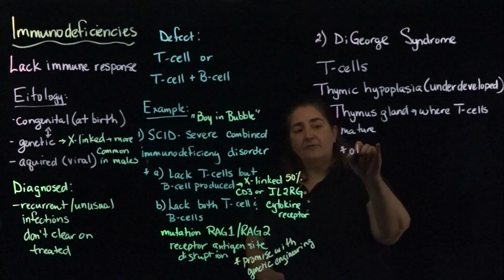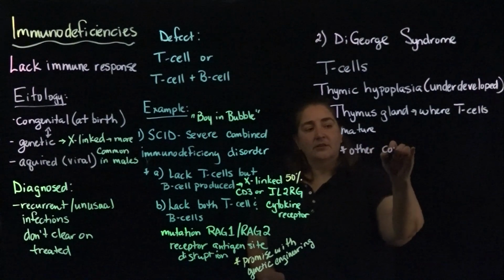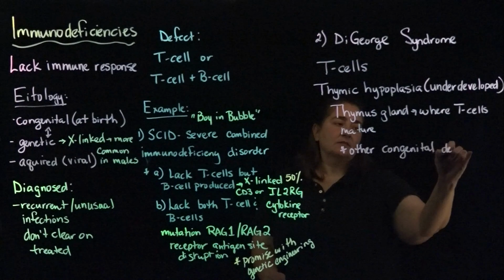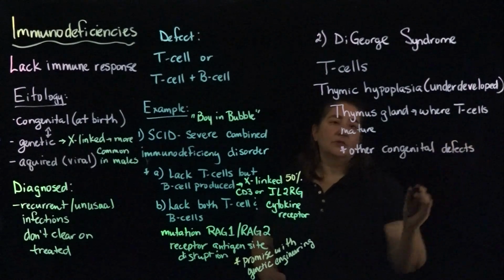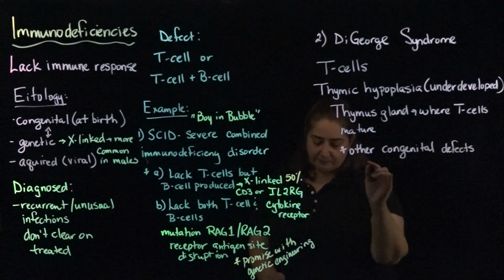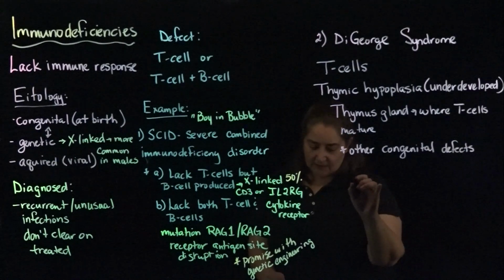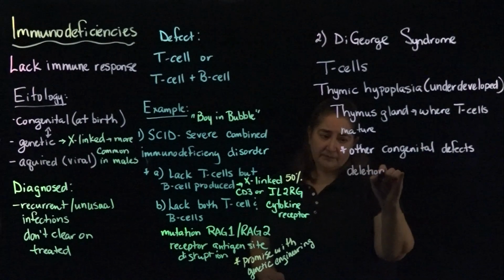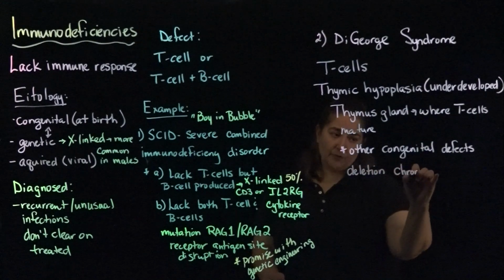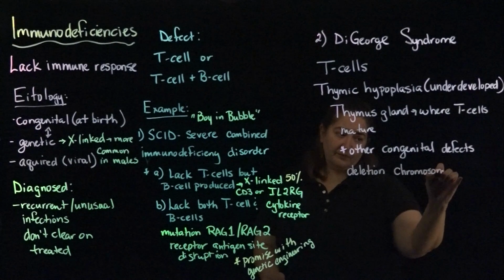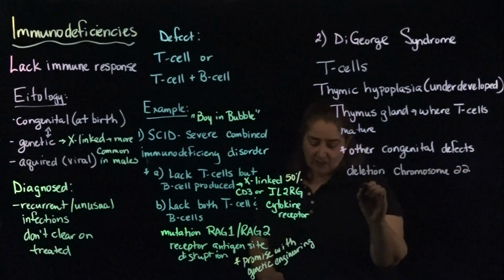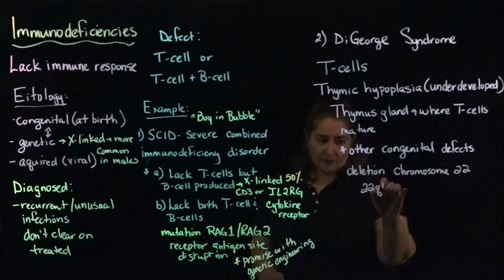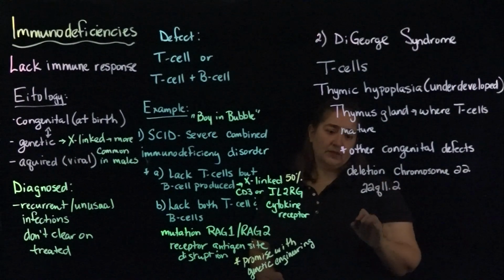And there are often other congenital defects associated with DiGeorge, because what you've got is a deletion on chromosome 22. So it's 22q11.2, all right?